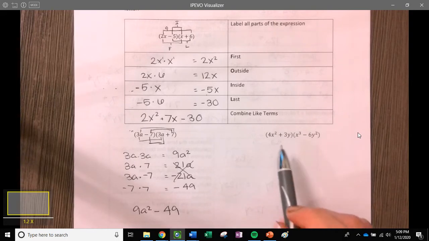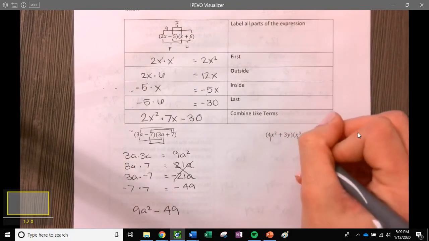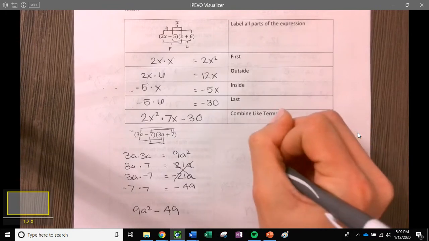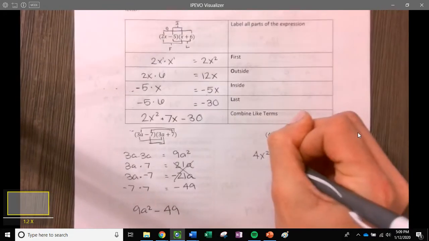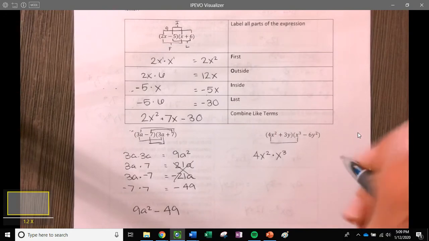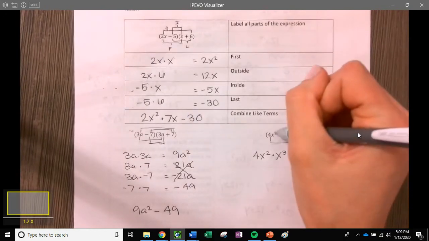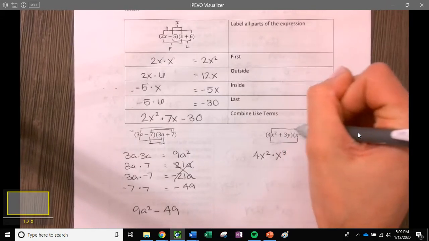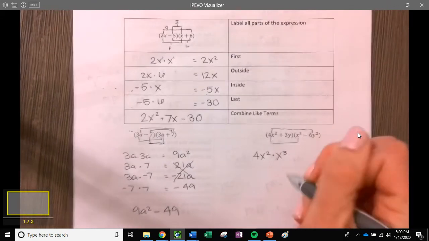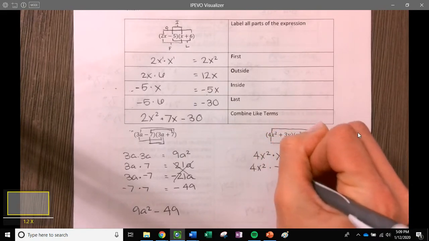Let's take a look at this last one. Ooh, doggy, we got a lot of exponents over here. Okay. First, 4x squared and x cubed. Okay. I'm going to list them again like I did in this example, and then we'll go through and multiply. My outside, 4x squared and negative 6y squared. 4x squared times negative 6y squared.